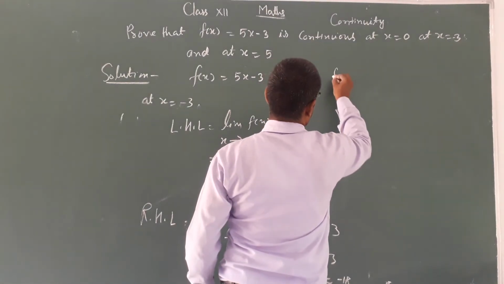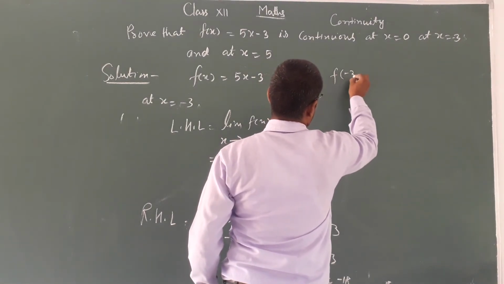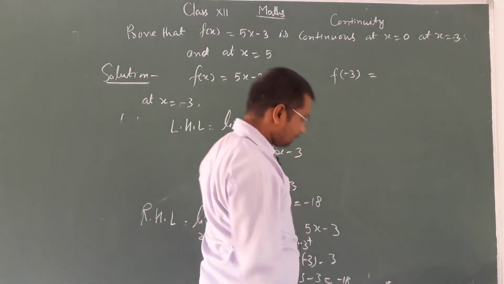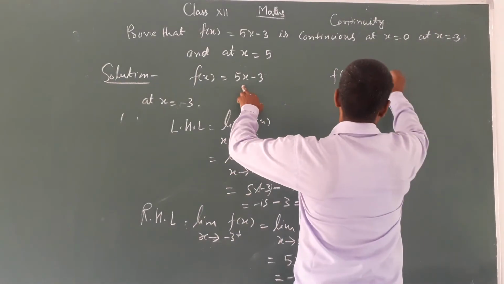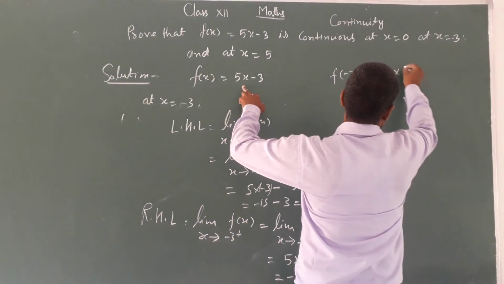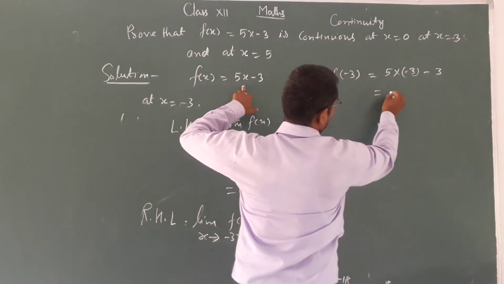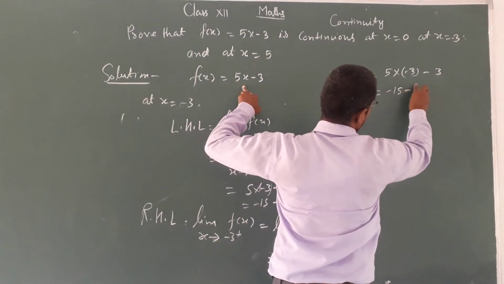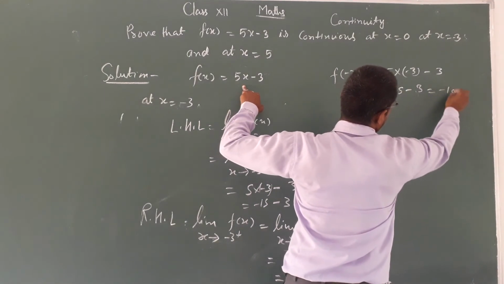And the value at minus 3 is 5 into minus 3, which is minus 15 minus 3, equal to minus 18.